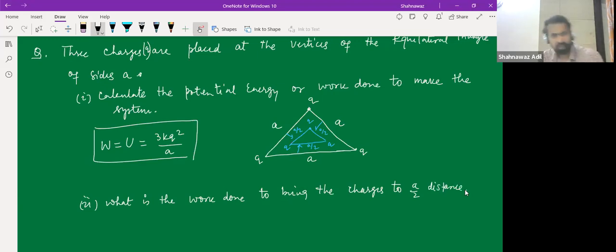So from the work energy theorem, what is the work done? It is the sum of work by conservative and non-conservative forces. We are talking about the conservative force, so this is the change in potential energy, final minus initial.